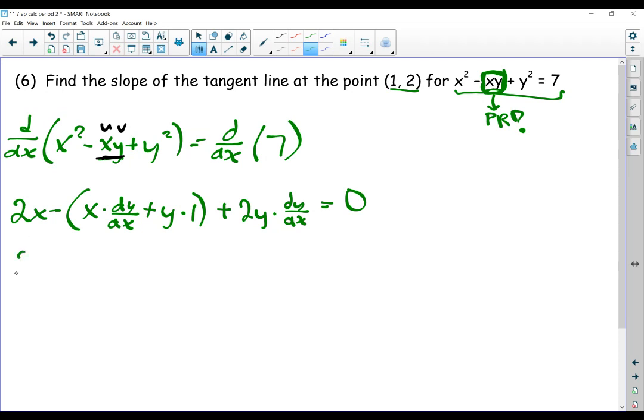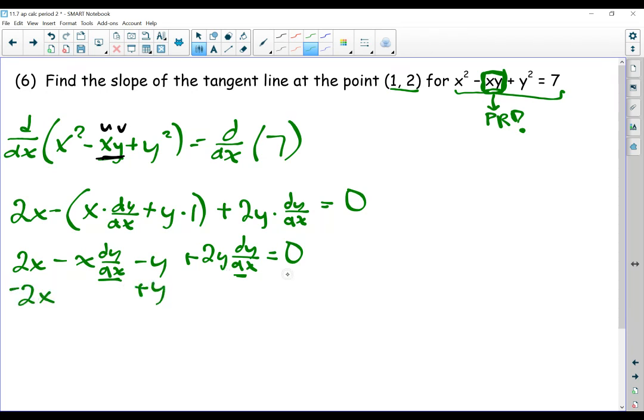So now I'm just going to start cleaning this up a bit. I'm going to distribute that negative in. y times 1 is just y. And now your goal is to take this expression and make it explicitly defined for the slope. So I want to get this by itself. I'm going to subtract 2x and add y to both sides.